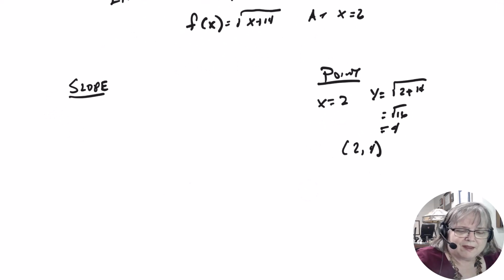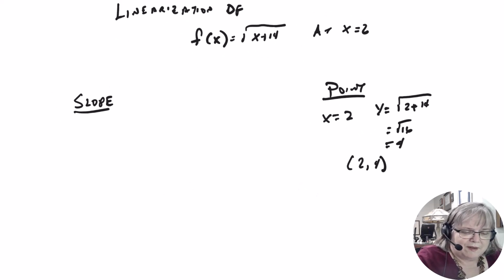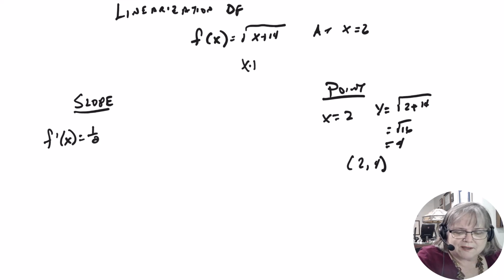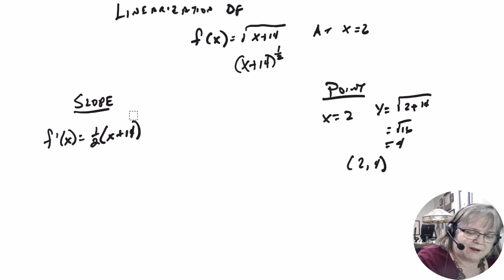Now for your slope, you need to take the derivative. For the derivative, you bring the 1/2 down, because remember this is x plus 14 to the 1/2. So you bring the 1/2 down, leave the inside alone, take 1 off the power, so it's going to be minus a half.